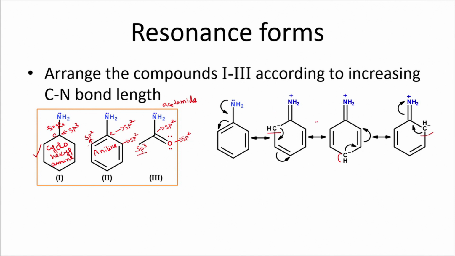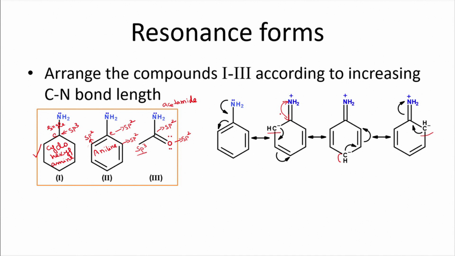Although we can draw various resonance structures, these structures do not contribute much to the actual resonance form of aniline. In other words, there may be some 5% or 10% of these kinds of resonance structures possible where there is a nitrogen carbon double bond.